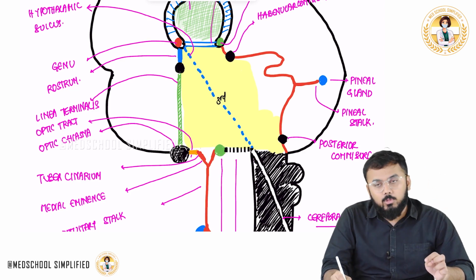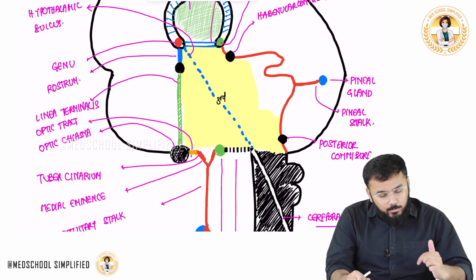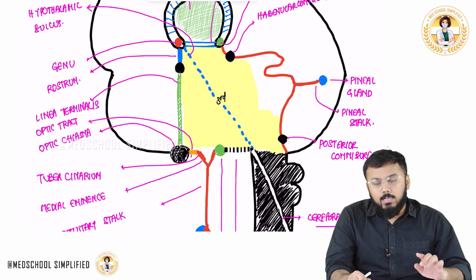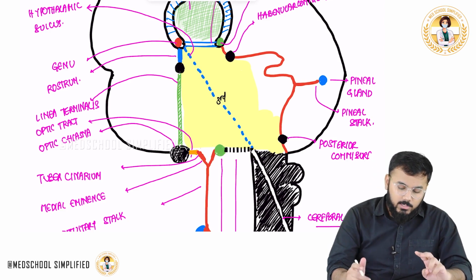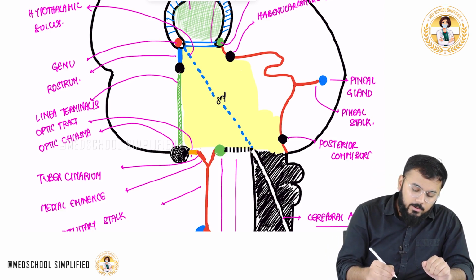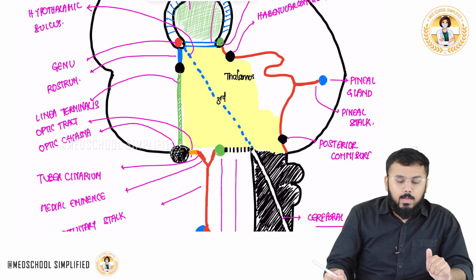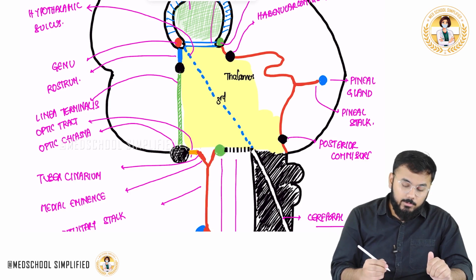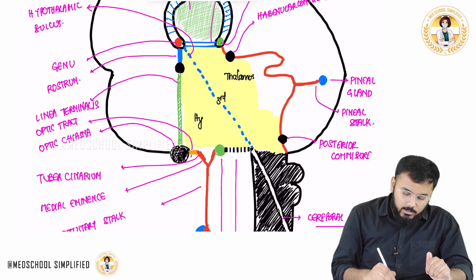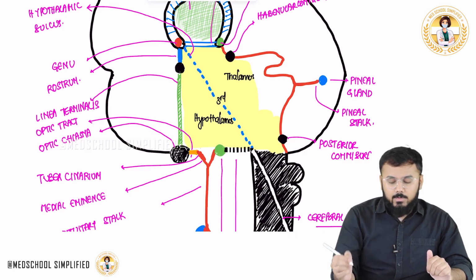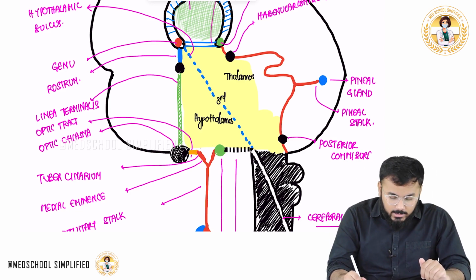With the help of this hypothalamic sulcus, I am dividing the cavity of the third ventricle into two halves, right? So the upper one is called the thalamus, and below the thalamus you have got the hypothalamus. The upper one is called thalamus and the lower one is called hypothalamus.